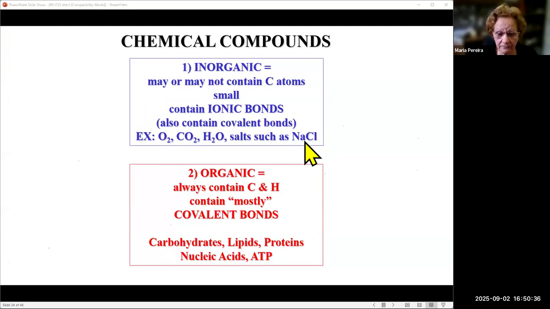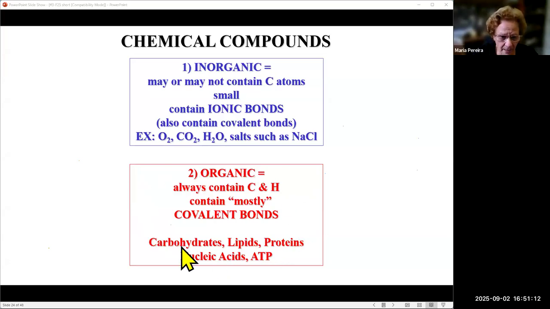So these don't have carbon, but here's an exception, carbon dioxide. Carbon dioxide is an inorganic compound, but it contains carbon. So these inorganic compounds are characterized mostly by not containing carbon atoms and by the ions being linked by ionic bonds. Of course, there are exceptions.